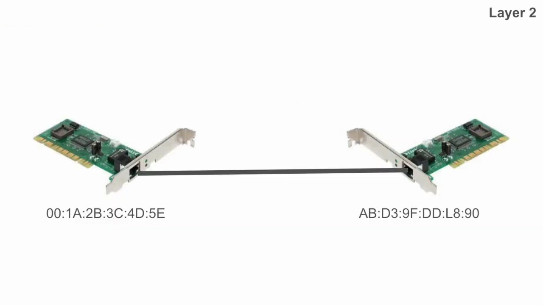This is the data link layer. This is where the rules are set up for how the data is to be exchanged between two devices. Now this layer uses network interface cards. A network interface card is like a translator or a messenger for your computer when it needs to talk to other devices.